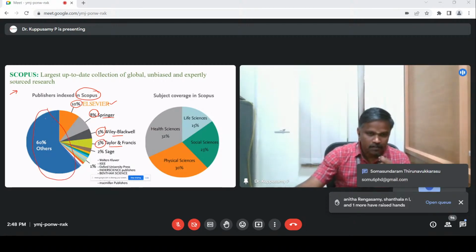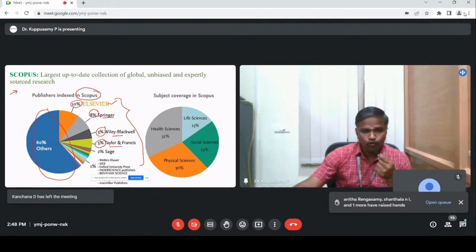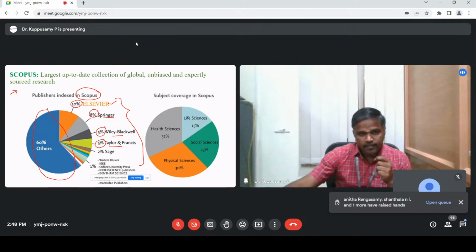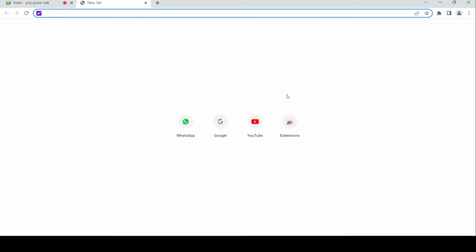Other journals which are not available in these brands are 60 percent. So a larger number of journals are available other than these popular brands. The popular brands are only a very small share.